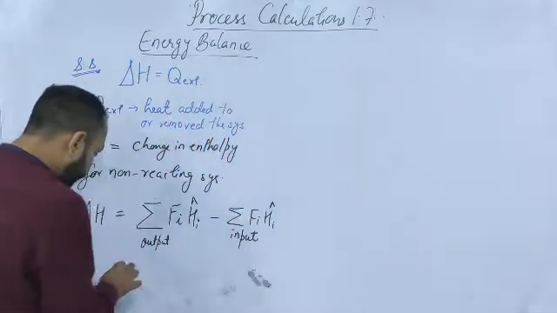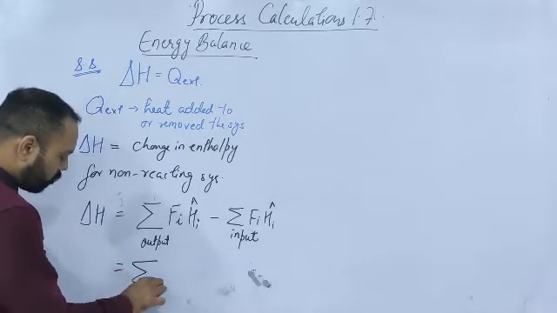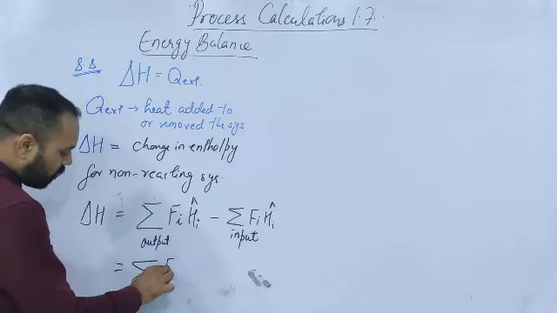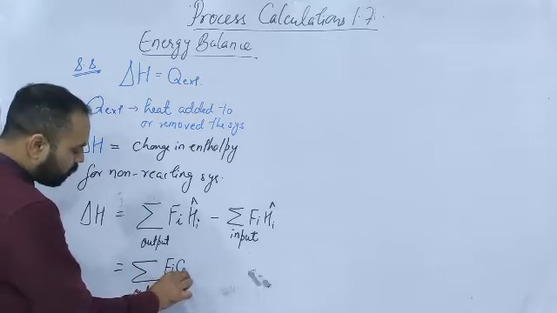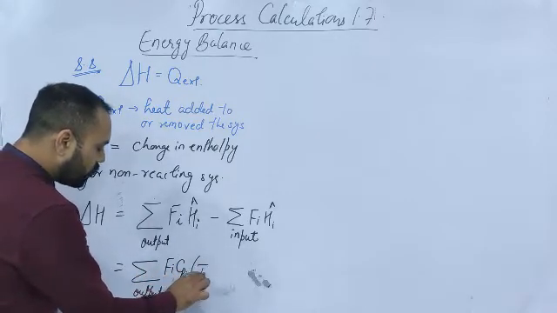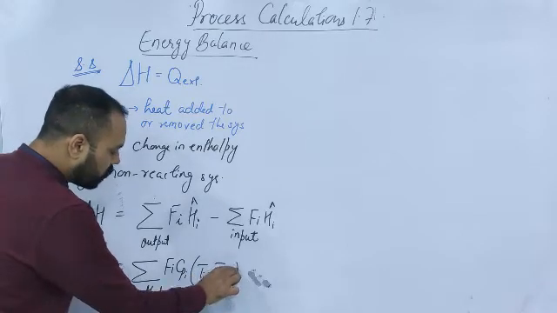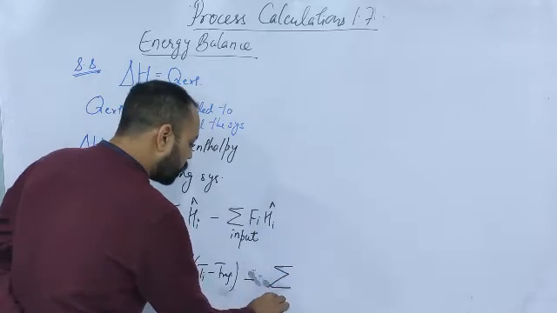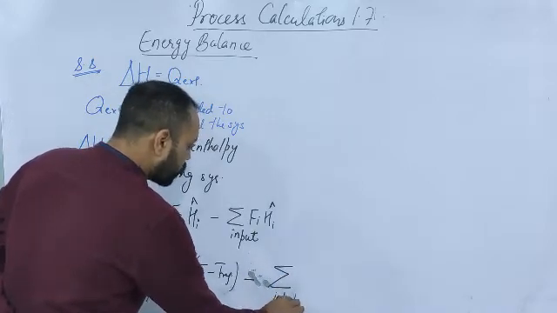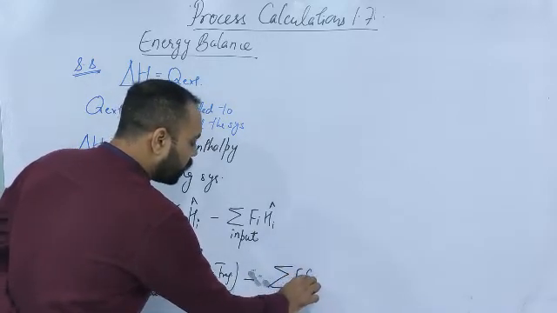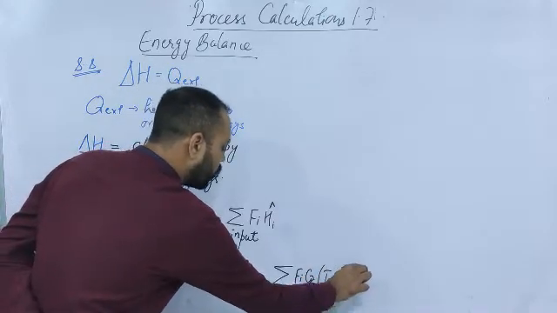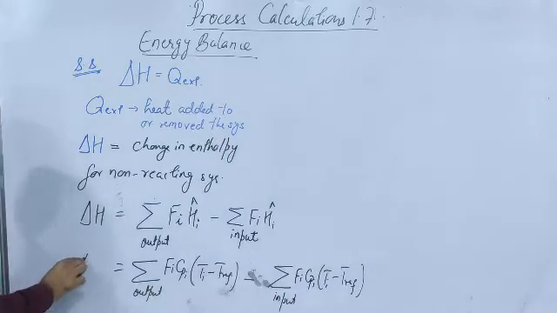Means you can write this as summation for all the output streams of Fi Cpi Ti minus T reference, minus summation of Fi Cpi Ti minus T reference for the input stream, that is delta H.